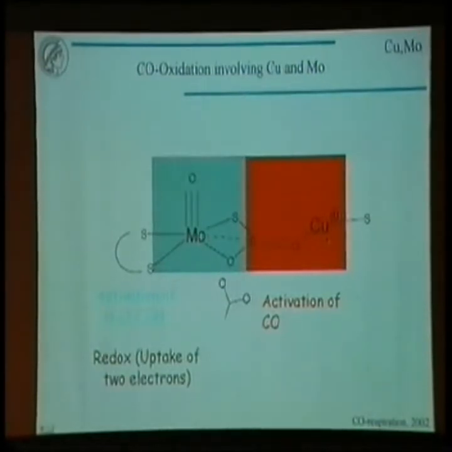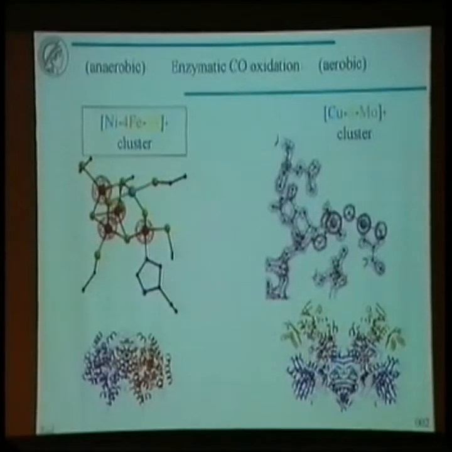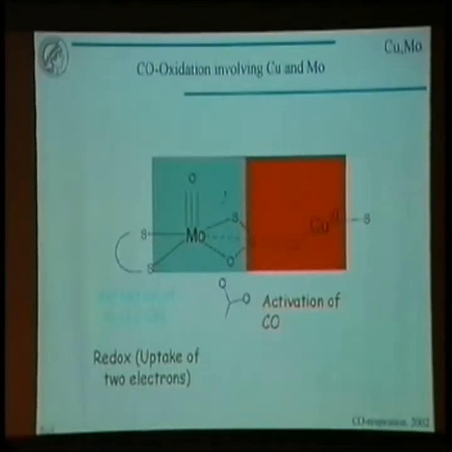We have the molybdenum providing the polarized hydroxy group, and this is the product which is formed, which then can move away and the reaction being completed. By this process, Mo is reduced to molybdenum-4, and the electrons are transferred through this cofactor to the flavin via these 2 iron 2 sulfur clusters.